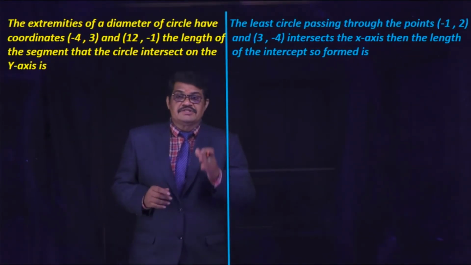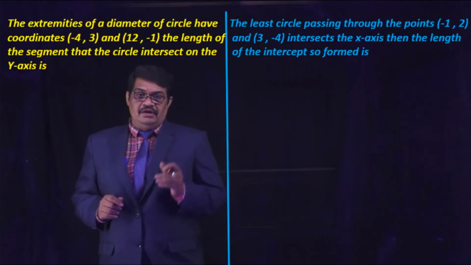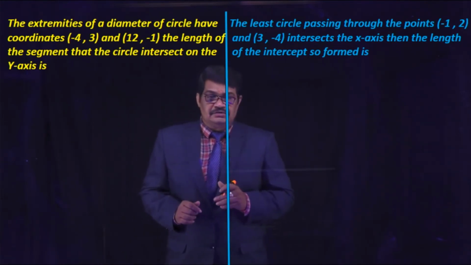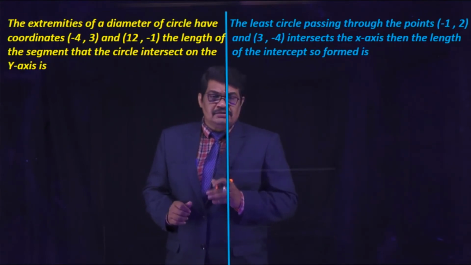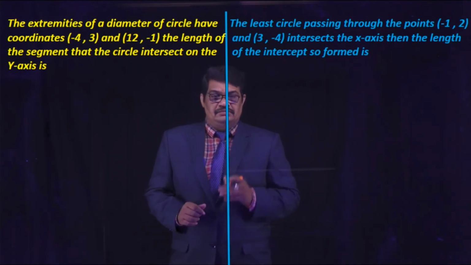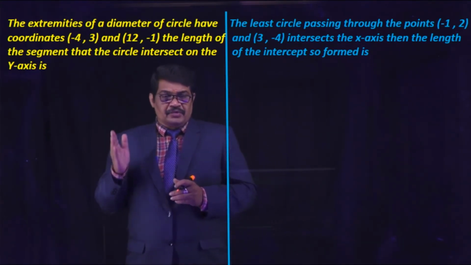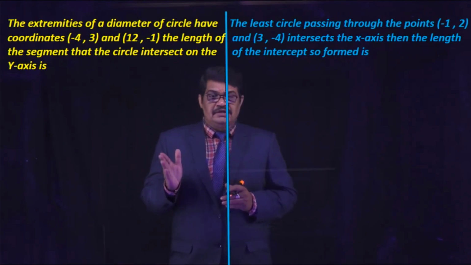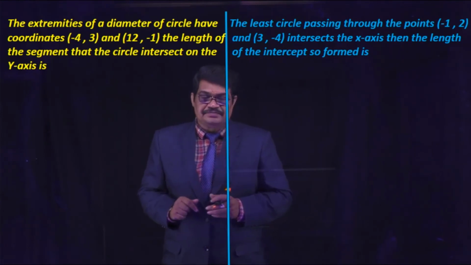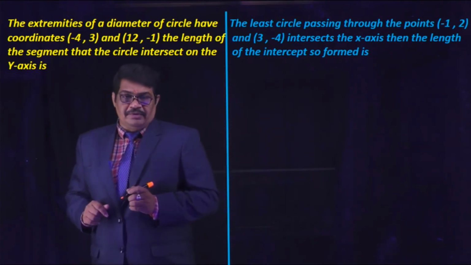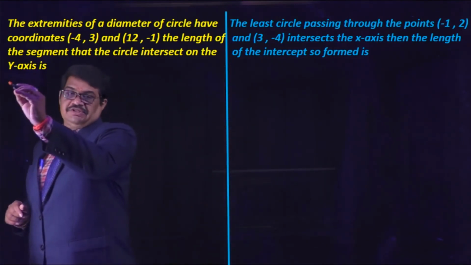Okay, see this problem. The extremities of a diameter of a circle have the coordinates (minus 4, 3) and (12, minus 1). Find the length of the segment that the circle intersects on the y-axis. So this is the problem. See the solution.